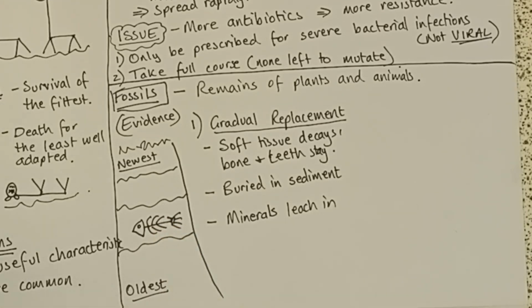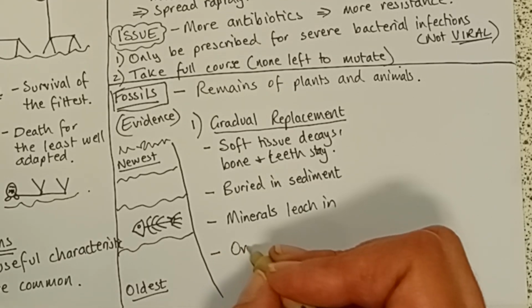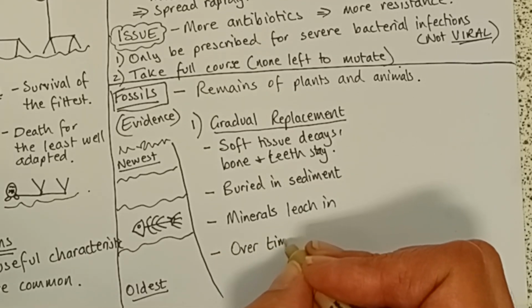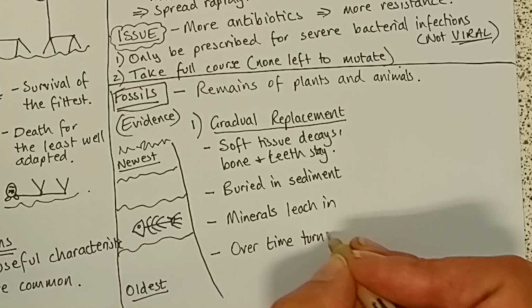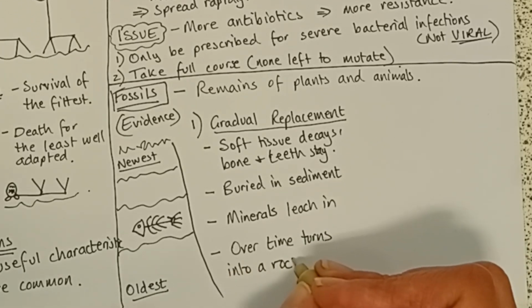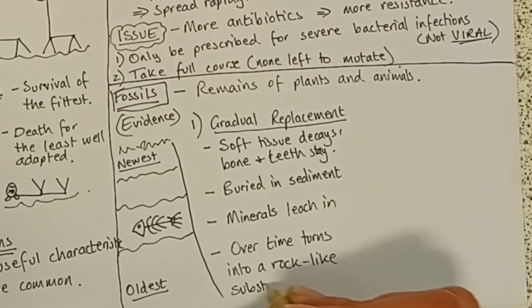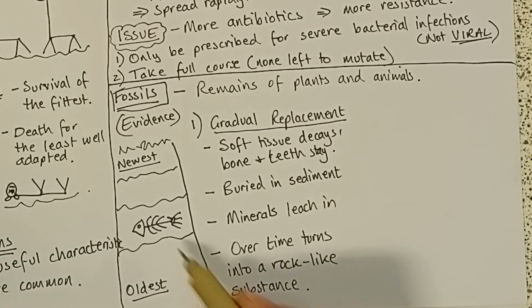And with pressure as well, it turns into a rock-like substance. And the lower down a fossil is found, the older it is. And so we can track evolution by tracking the changes in the bones.